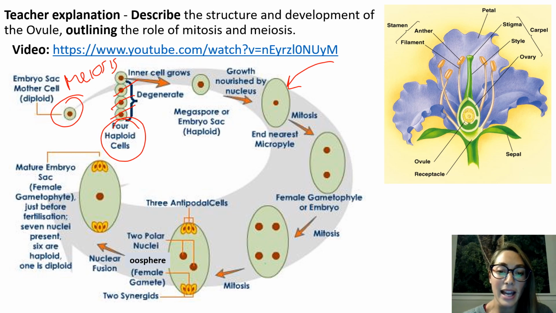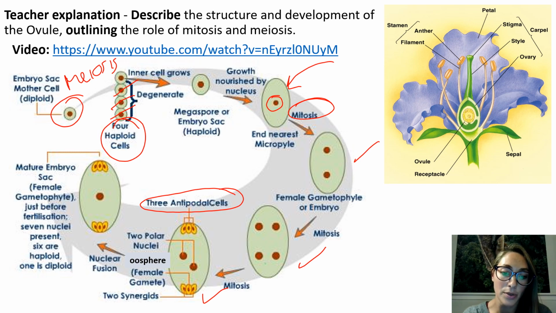So what happens next is we have 3 cell divisions, and these cell divisions are mitosis. So that nucleus is going to divide once, twice, and a third time to produce 8 nuclei. Now 3 of those nuclei will separate into their own individual cells called antipodal cells, and they'll be at one end of that embryo sac, and 2 of them will develop into the synergids. 1 will develop into the oosphere, so this is the female gamete, and then we've got these 2 left over in the middle, and these 2 here are going to fuse together.